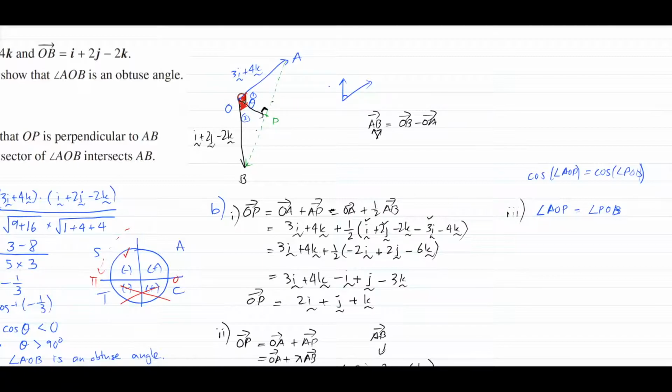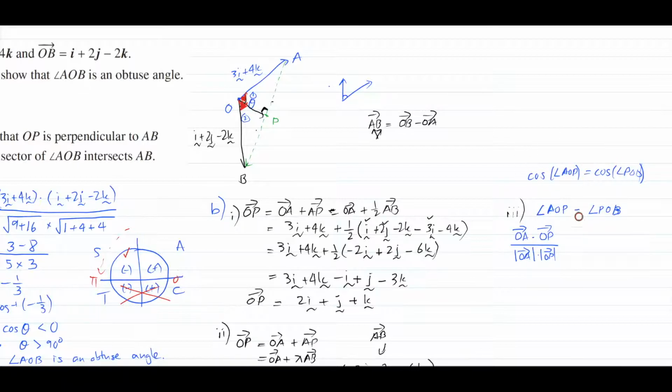So the dot product is OA and OP. So that's for this angle right here. So I'll write that down. It is the dot product of the vectors OA and OP divided by the magnitude of OA multiplied by the magnitude of OP, right? So if you were to do this, you'll be able to find cos of the angle.